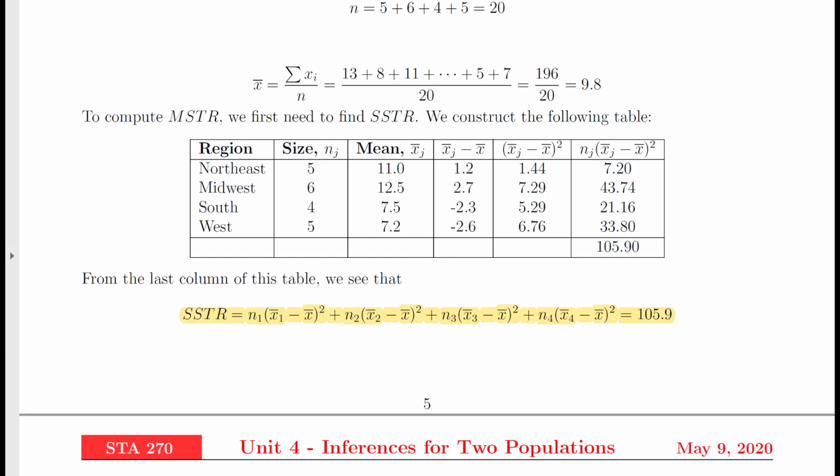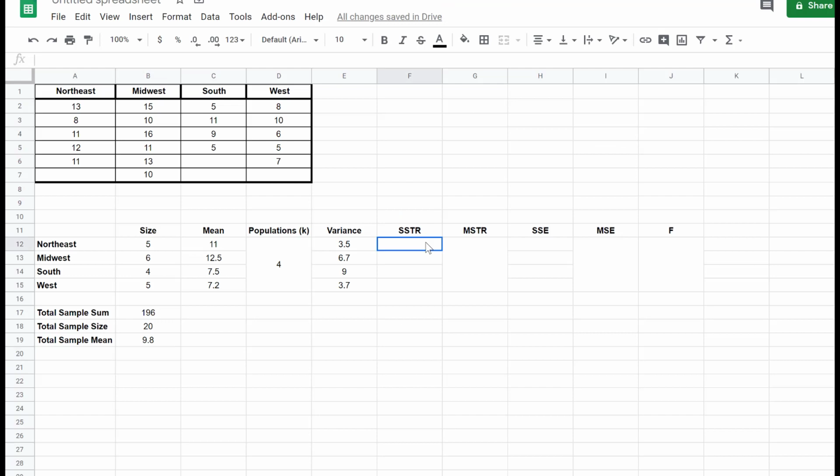On Google Sheets, the way we do this is we go to the sample size. So SSTR for the Northeast is equal to the sample size times parentheses the sample mean minus the total mean, quantity squared.